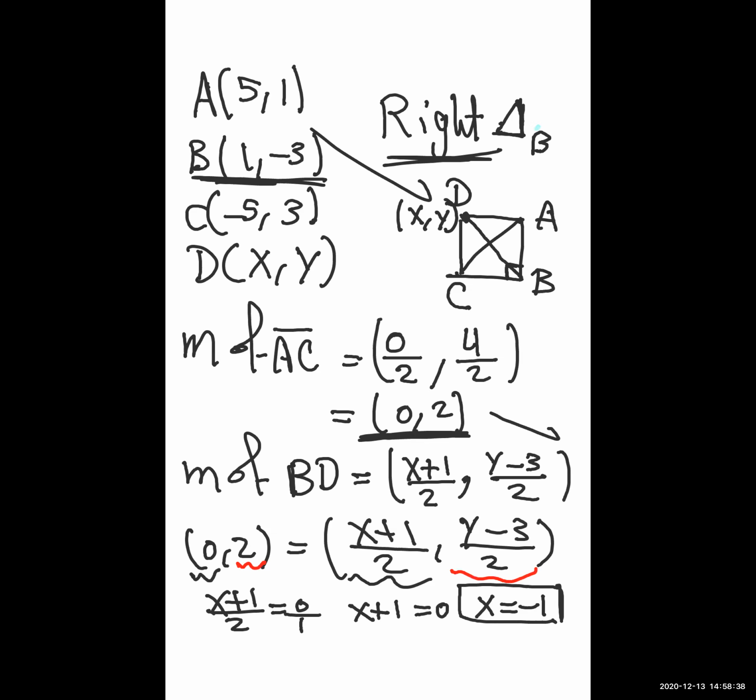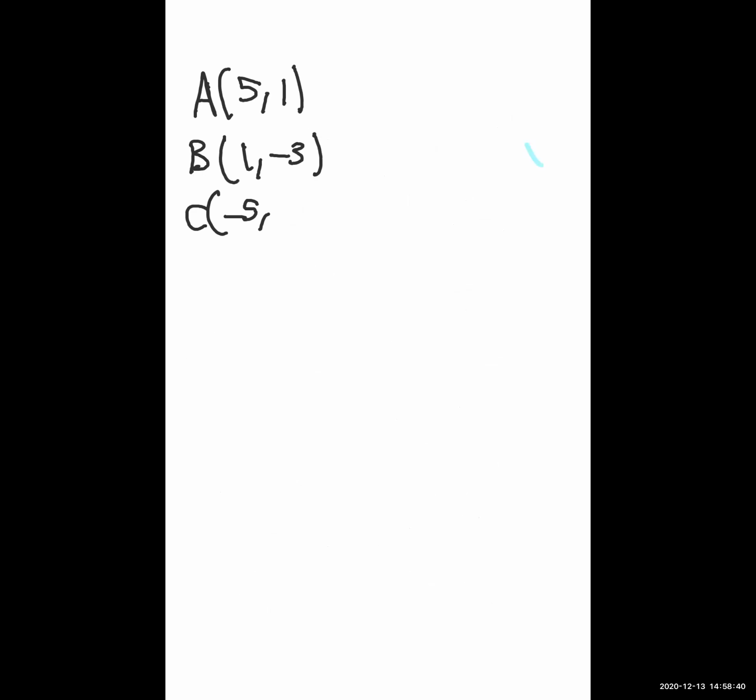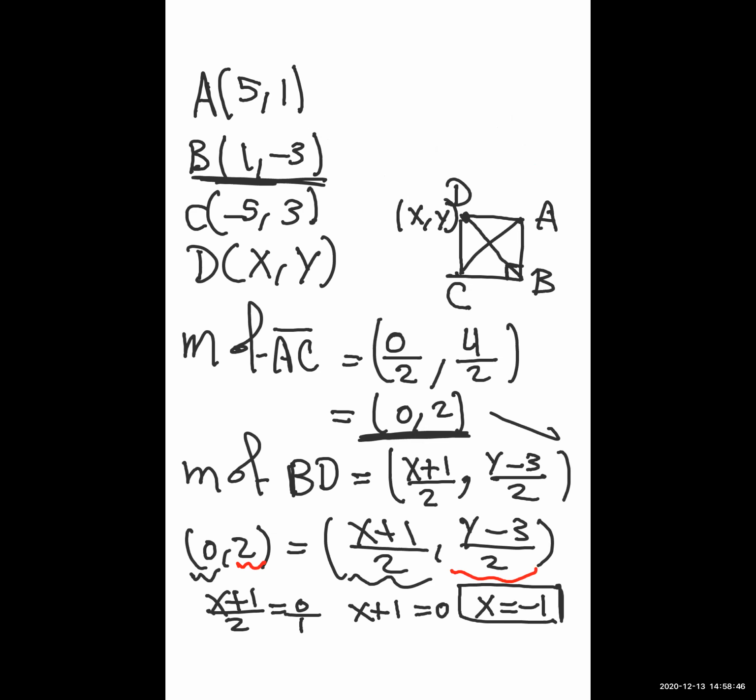So let me clear this part so that we can continue. Now, guys, Y minus 3 over 2 will equal 2. Again, cross multiplication, so Y minus 3 will equal 4.